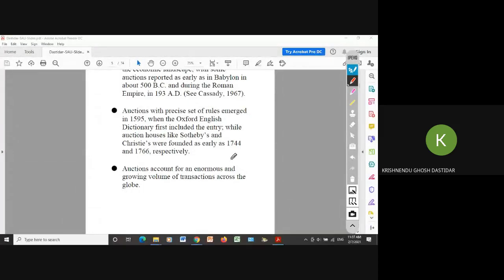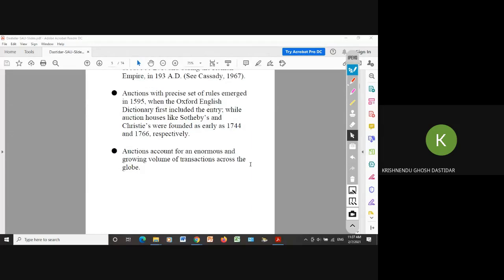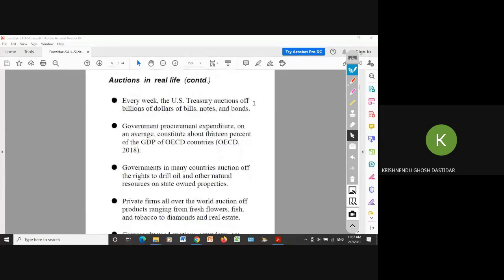Now, let me come to some examples of that. Every week the US Treasury auctions off billions of dollars of bills, notes, and bonds. There are many papers on US Treasury auctions, and if you see the textbook on auctions, you will find the references.